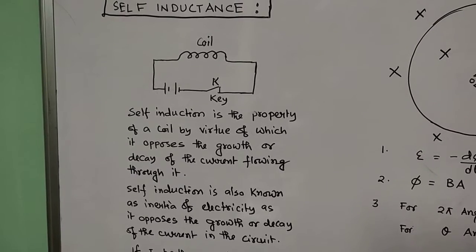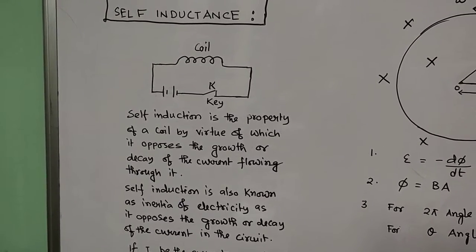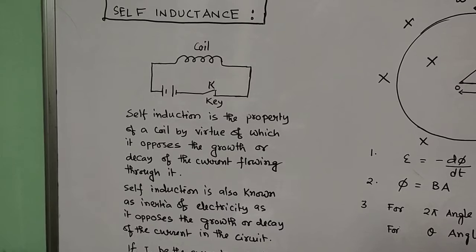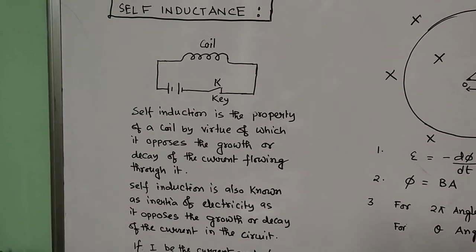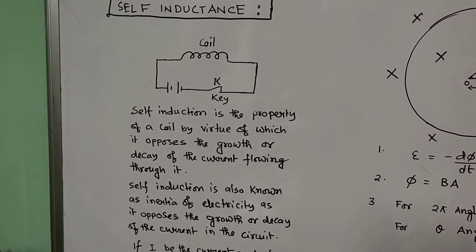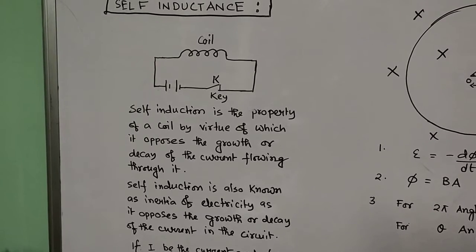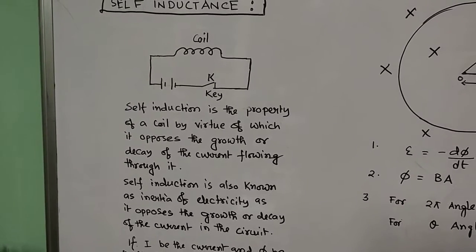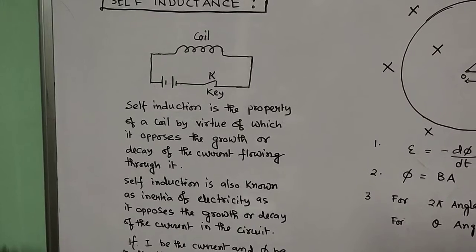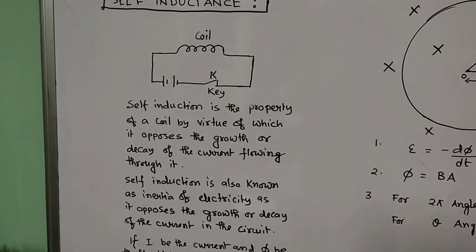Similarly, when you open the key, current starts decreasing. So a decrease in current causes a decrease in flux, and this change in flux induces an EMF. So the induced EMF again opposes the decrease in current.